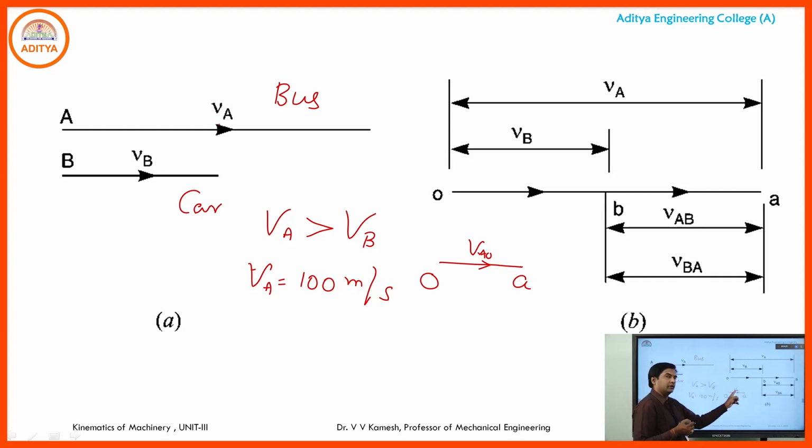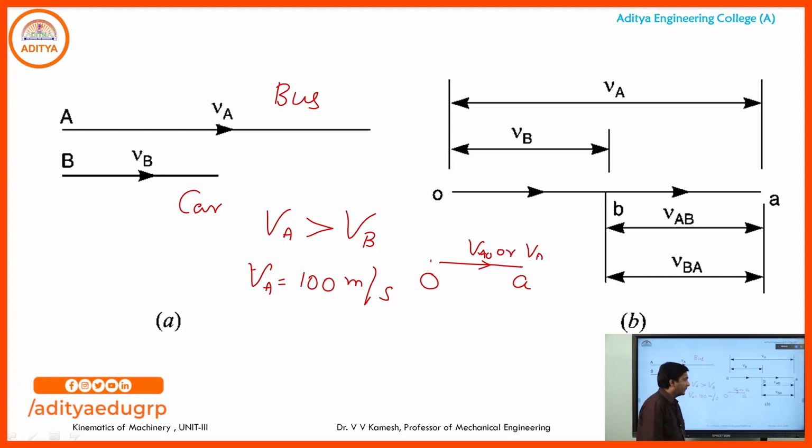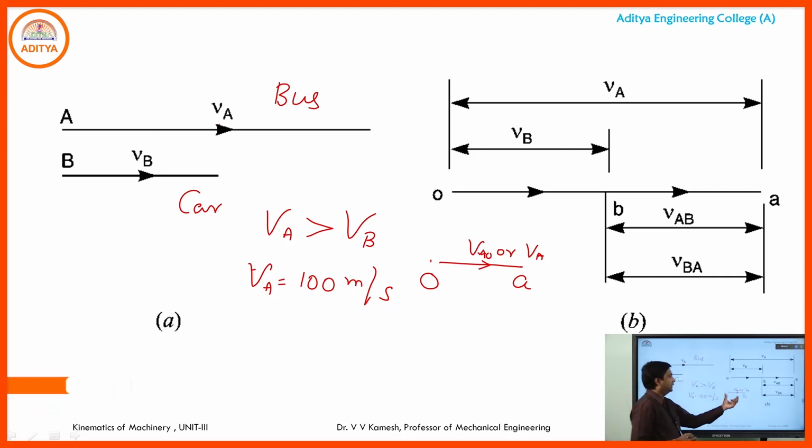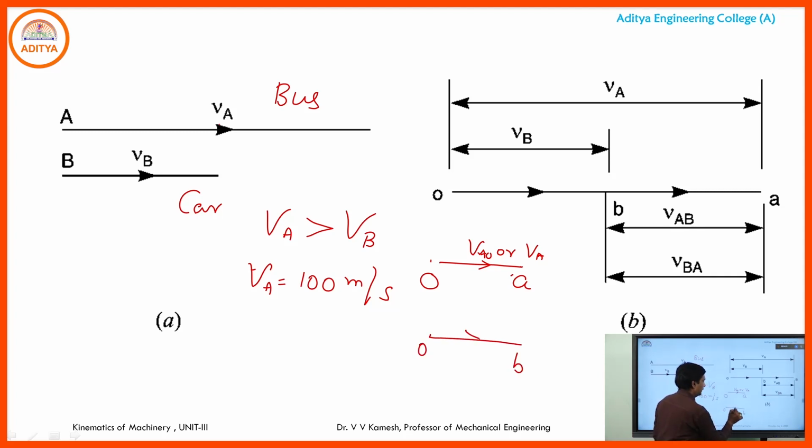And this is one type of notation. If we are referencing only from the starting point in the equations, it can also be called VA only. So, the representation of VA is OA and the representation of VB is OB. This is represented as VBO or VB.